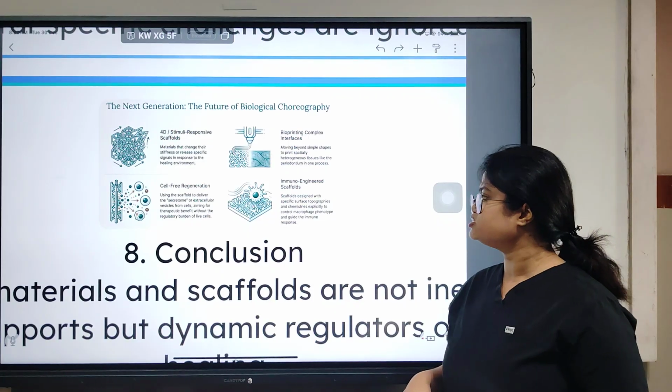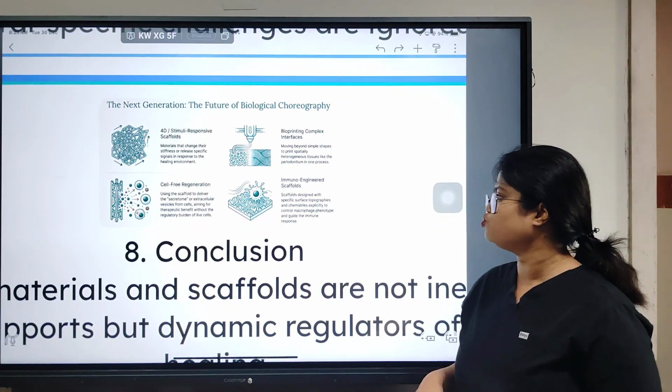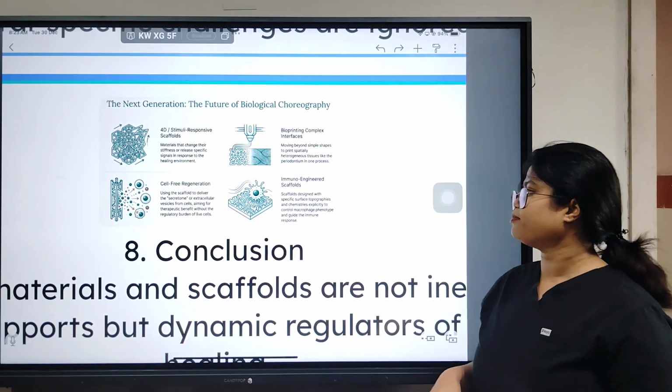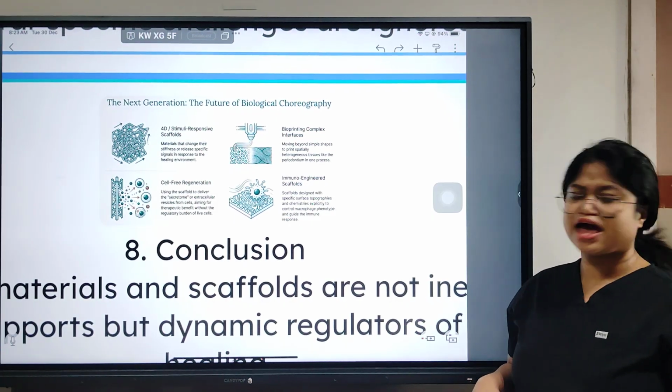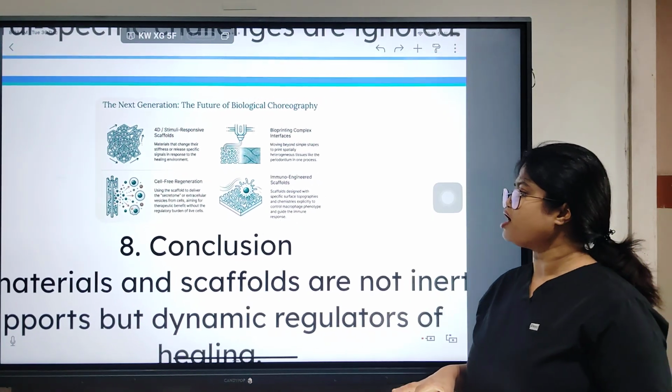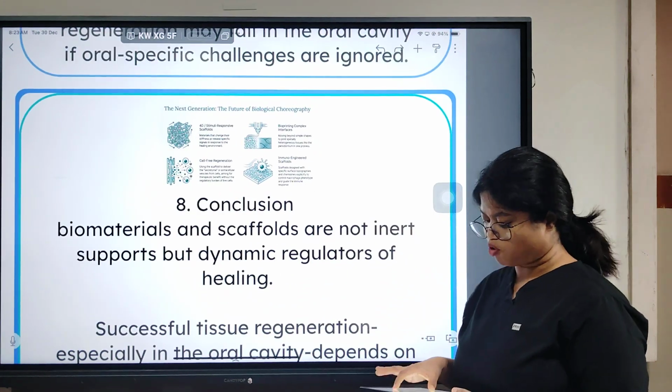The scaffolds which are designed to undergo the M1, M2 inflammatory phases and whose chemistry will explicitly control the macrophage phenotype and guide the regeneration. These are the future prospects.